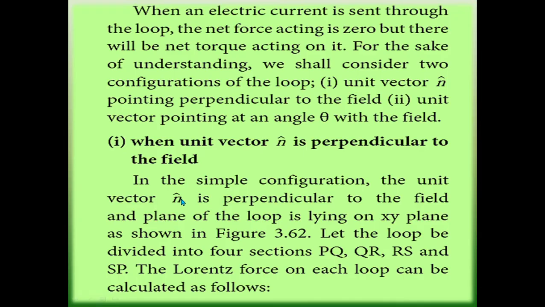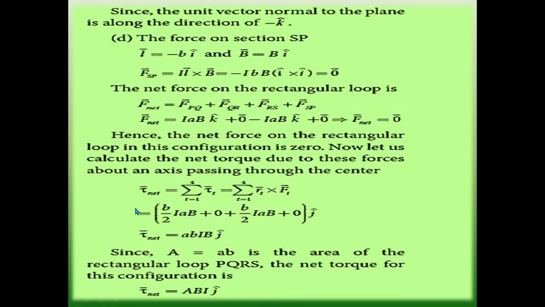So the net torque acting about the center, tau net vector, where tau is the symbol of torque, is equal to the summation over the four sides, i equals 1 to 4.